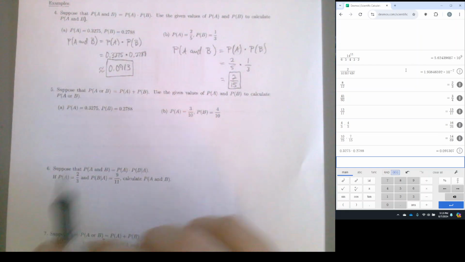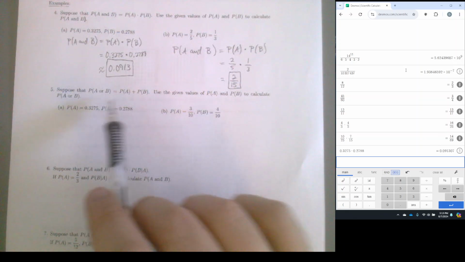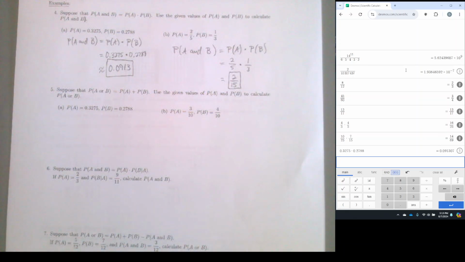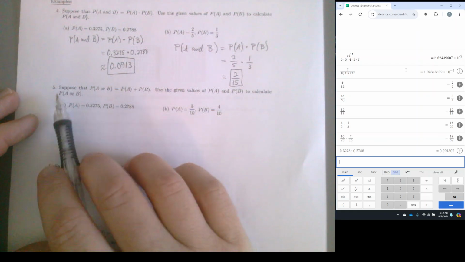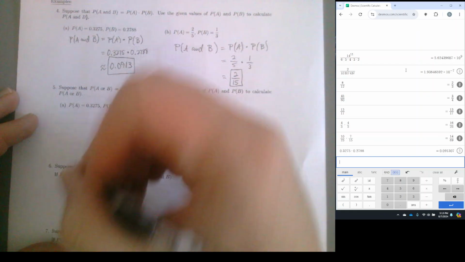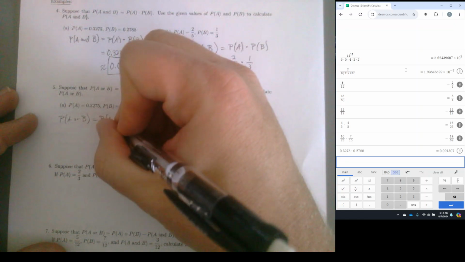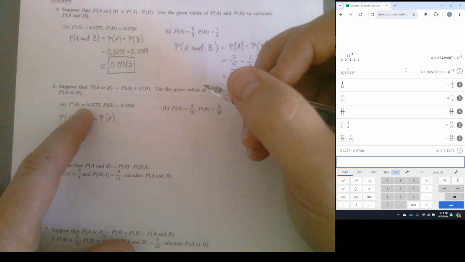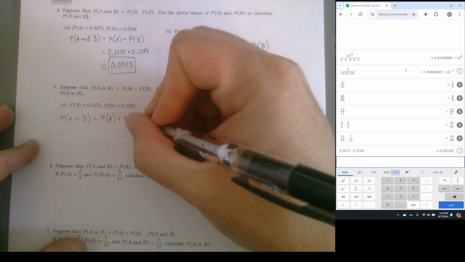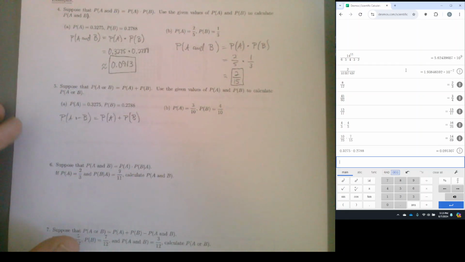It's also the case that probability of A or B is the probability of A plus the probability of B under certain circumstances. So let's calculate the probability of A or B, if we know that the probability of A is 0.3275 and the probability of B is 0.2788.